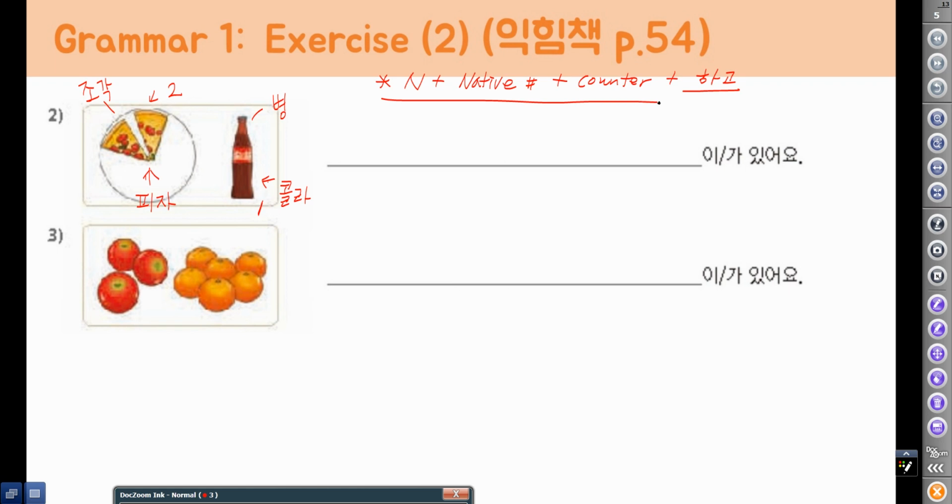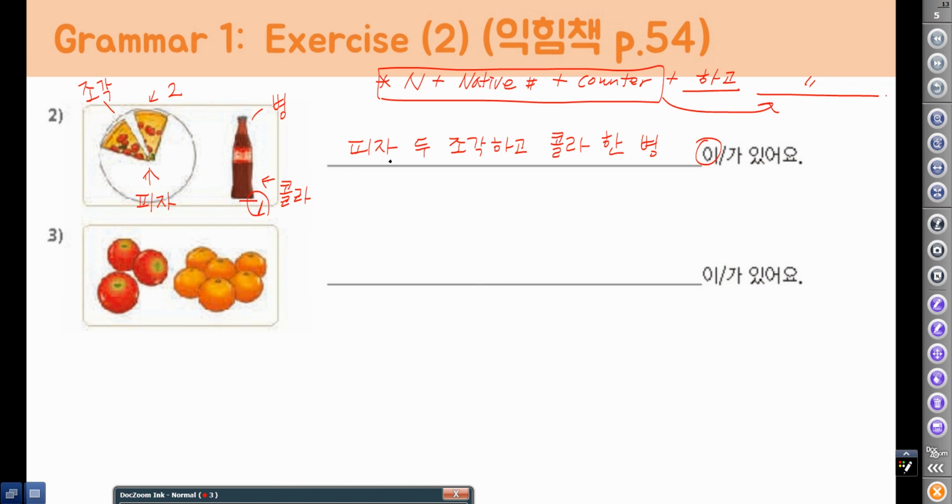And you repeat the same thing one more time. Noun first, pizza. So 2 slices of pizza, 2조각하고. And noun, cola. How many? 1, 한, counter 병, 이 있어요. 피자 2조각하고 콜라 한 병이 있어요.